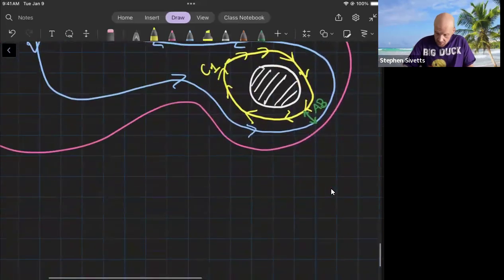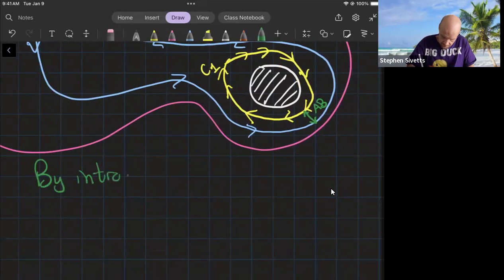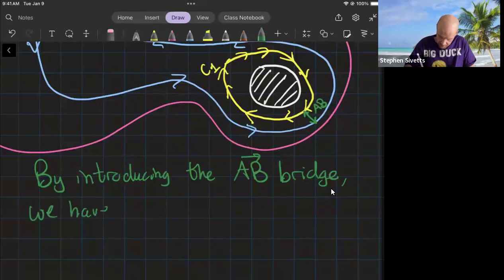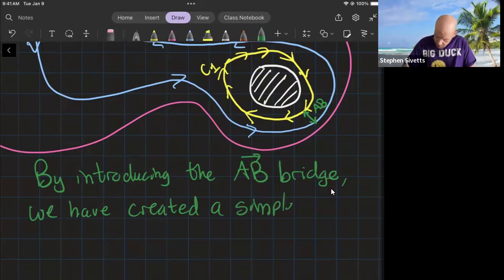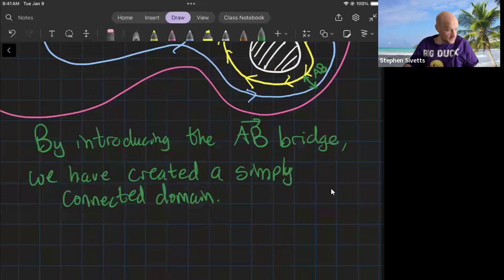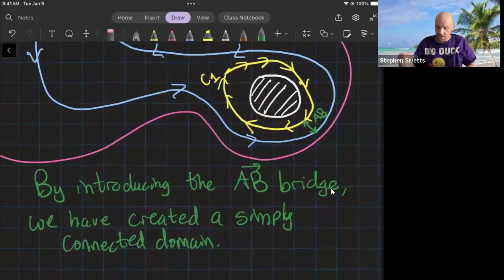So by introducing this line segment, the AB bridge, I'll say, we have created a simply connected domain D, even though there was a hole defined by D, right?